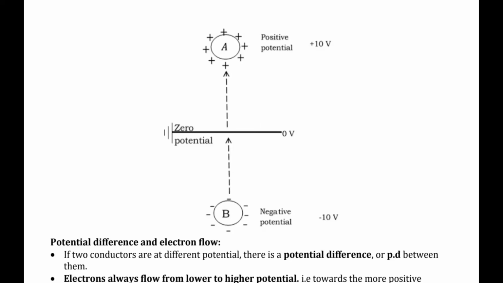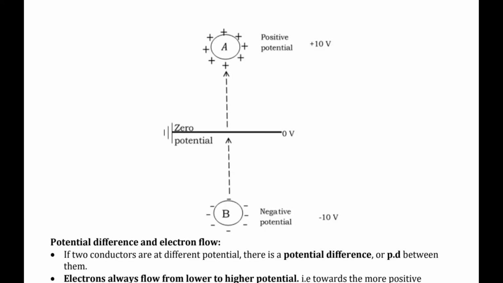Negative potential means there is a lot of negative charge at that point compared to others. And if they say positive potential, it means that there are more positive charges at that point. So if I'm to move a positive charge, remember, charge flows always from negative to positive.